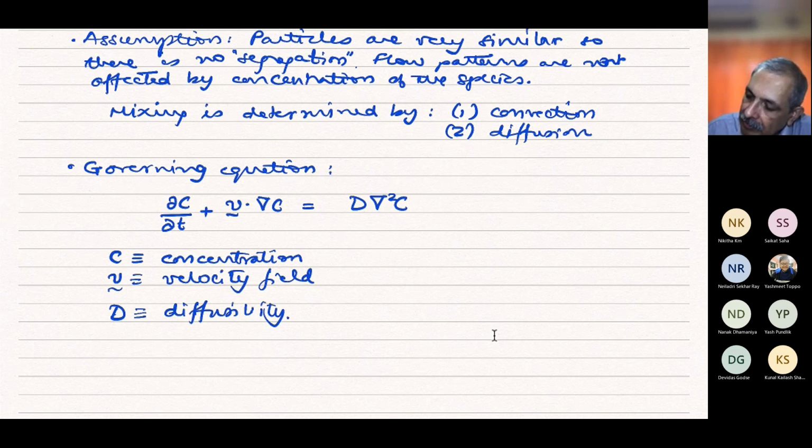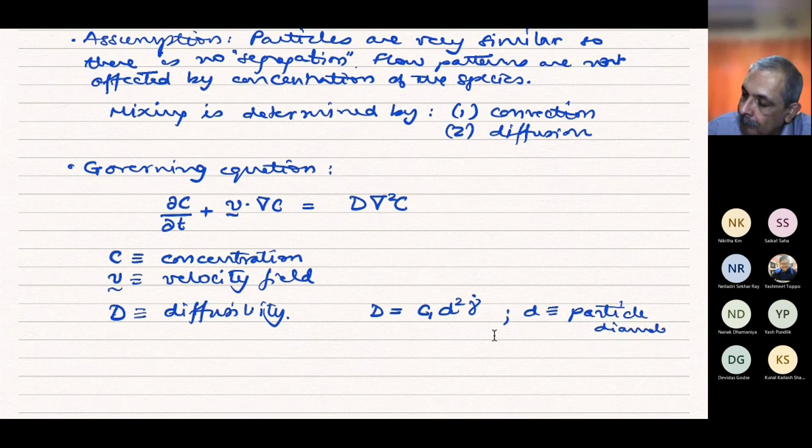And for many systems, we can get D is just equal to some constant C1 into d squared into gamma dot, where d is of course the particle diameter and gamma dot is the shear rate.